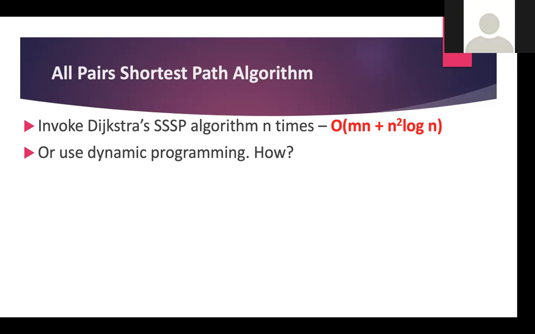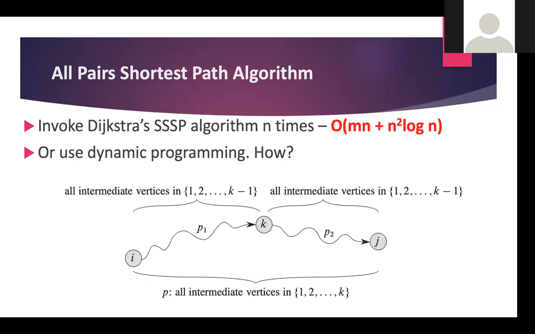Now, one of the tricks of using this approach on the all pair shortest path problem is shown in this picture. We're going to solve the problem in stages. And in fact, there are going to be n stages. In the kth stage, we are going to solve the following problem: let's find the shortest path between every pair of vertices, in this case from i to j, and allow only intermediate vertices from a limited set.